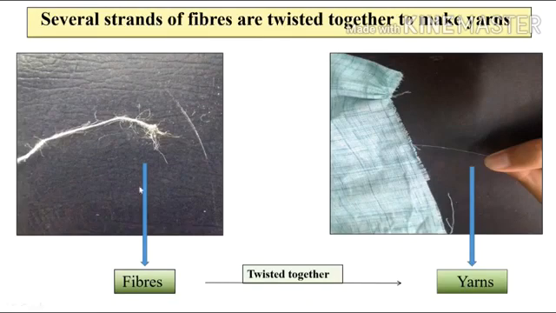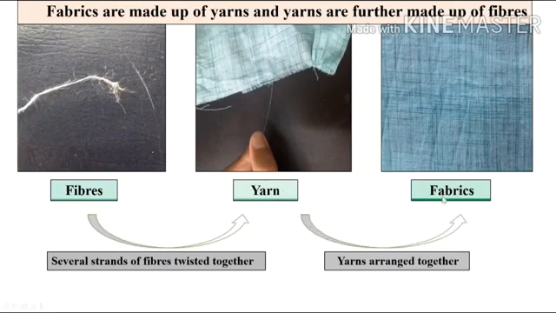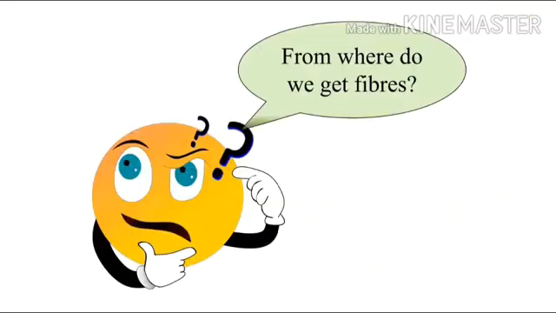Several strands of fibers are twisted together to make yarns. So fabrics are made up of yarns and yarns are further made up of fibers. Several strands of fibers are twisted together to form yarns, and the yarns are arranged together to form fabrics.